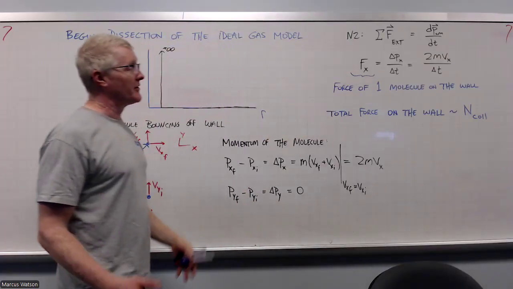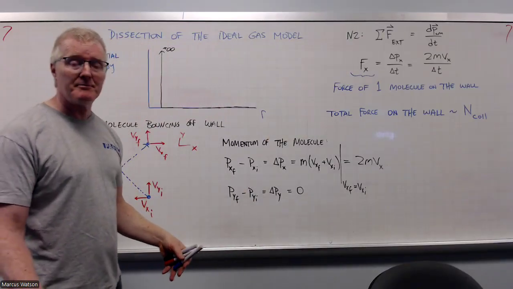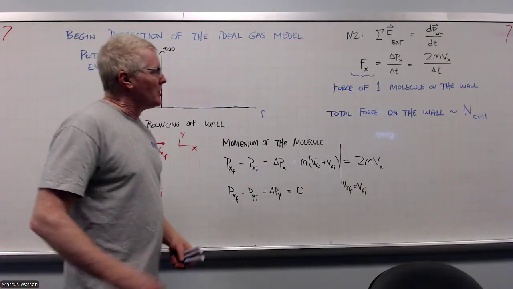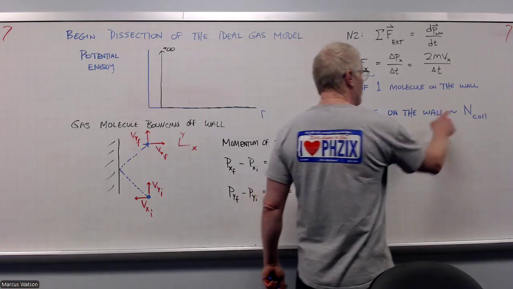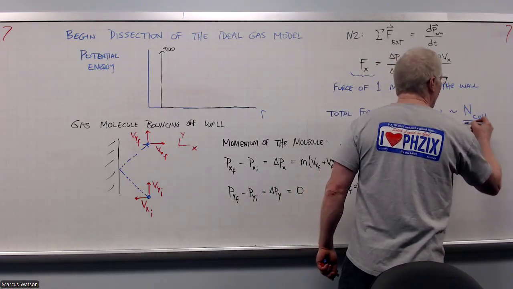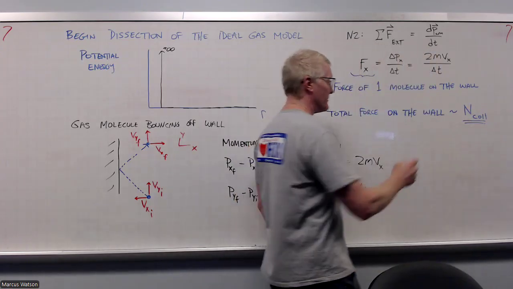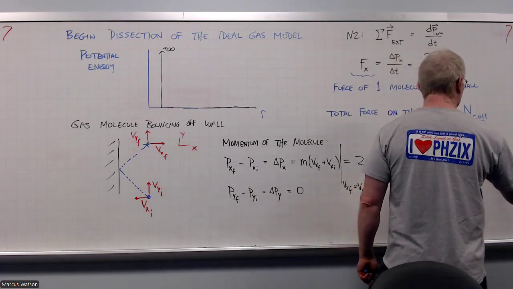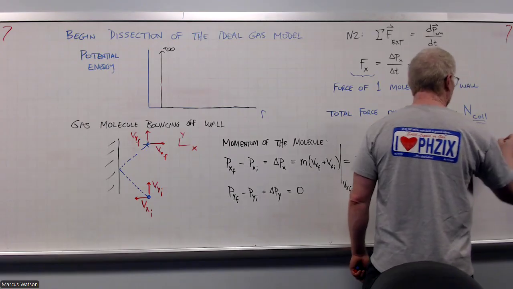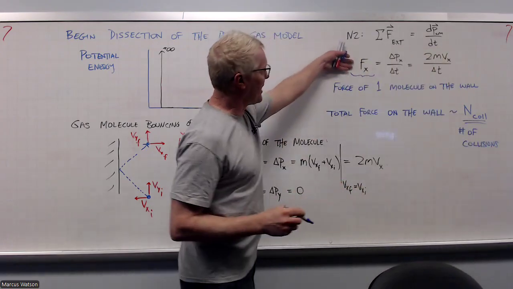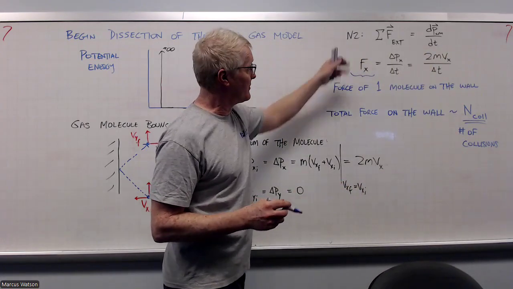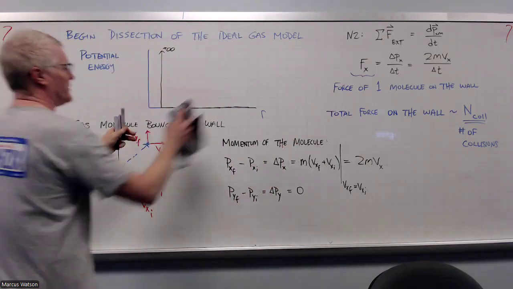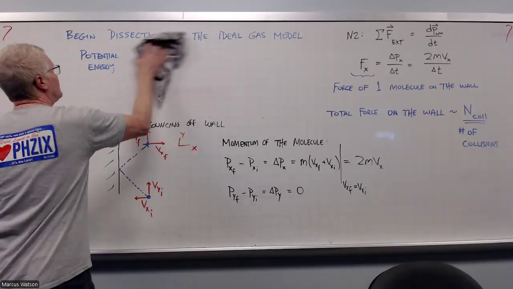They don't all have the same Vx, but we can use an average, and we'll get into that a little later. So the total force on the wall should be proportional to the number of collisions, multiplied by the force of one of them.